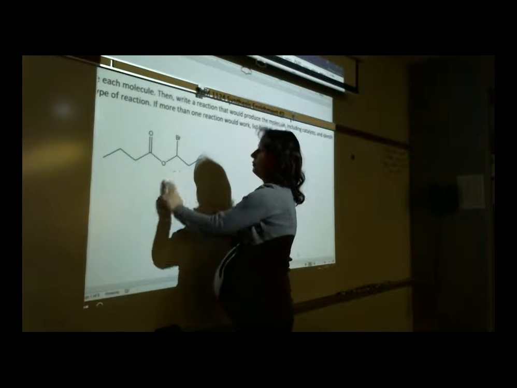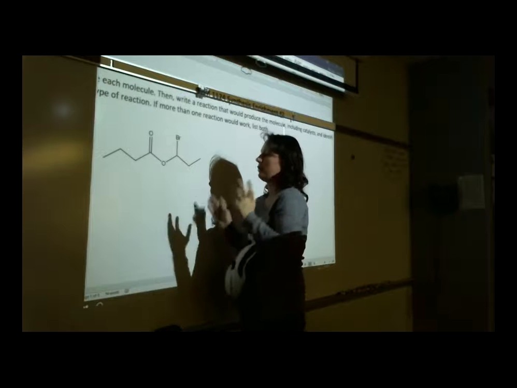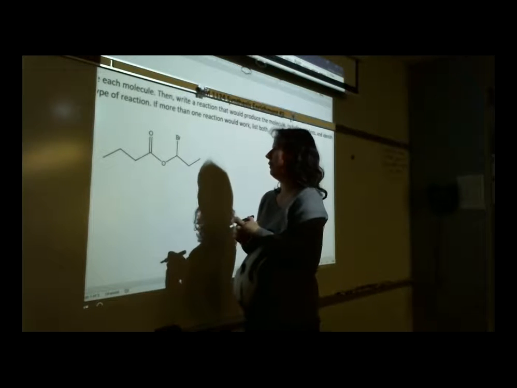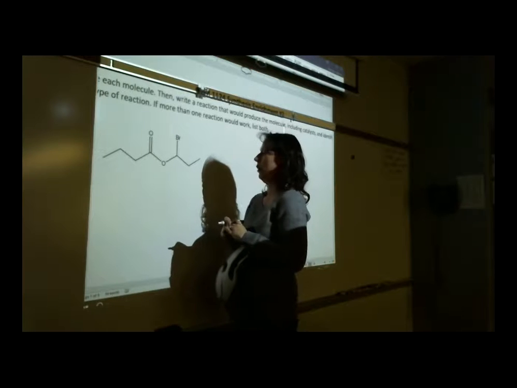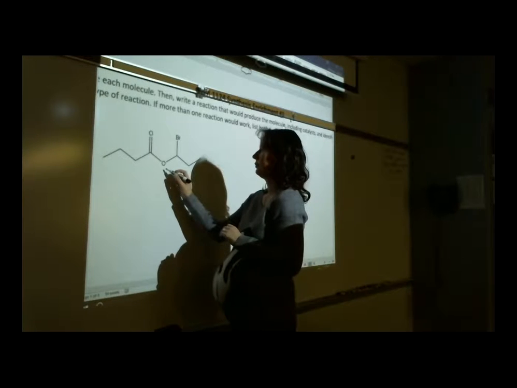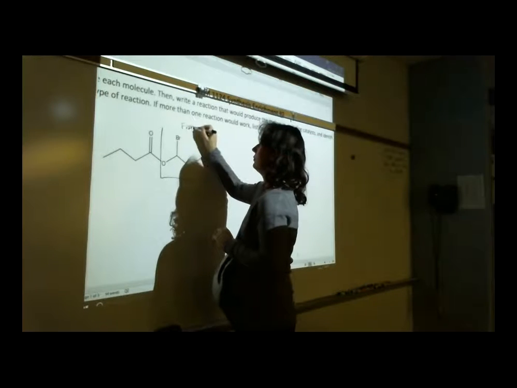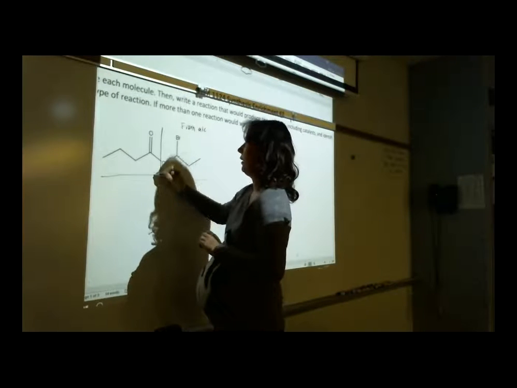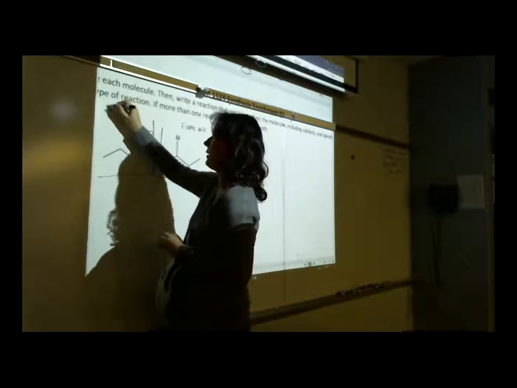And so when we're naming an ester, we have to identify the part that came from the alcohol and the part that came from the carboxylic acid, right? So which part came from the alcohol? Right, this part came from the alcohol, and then this part came from the carboxylic acid.